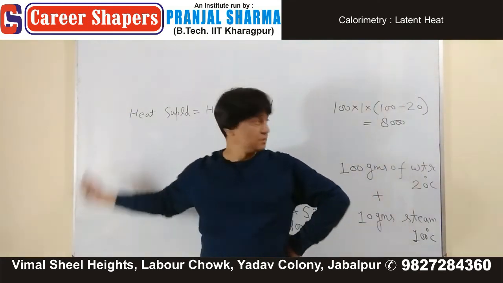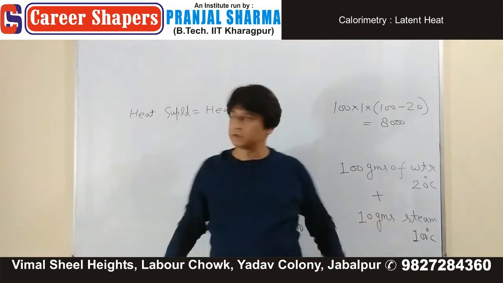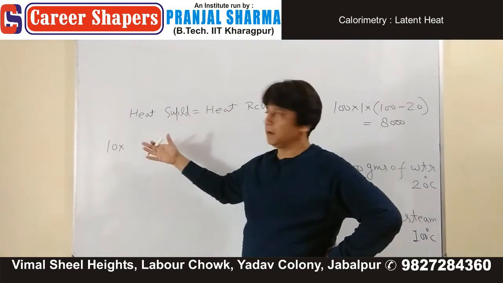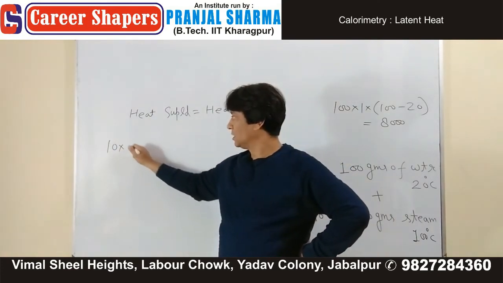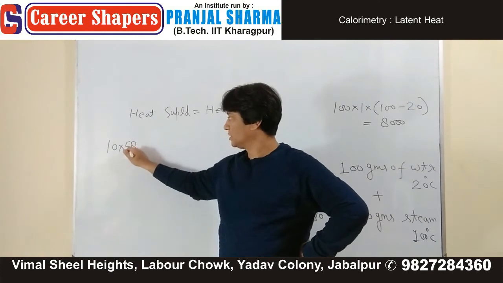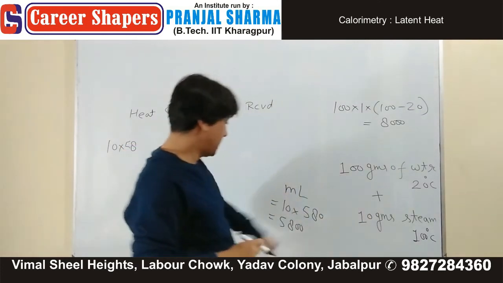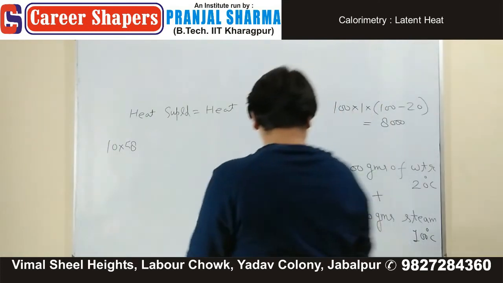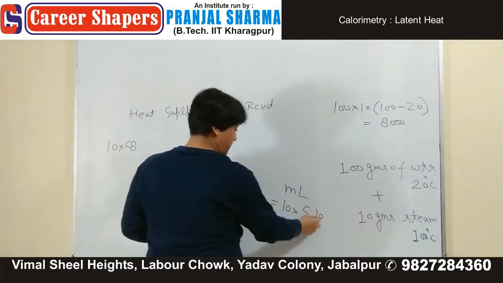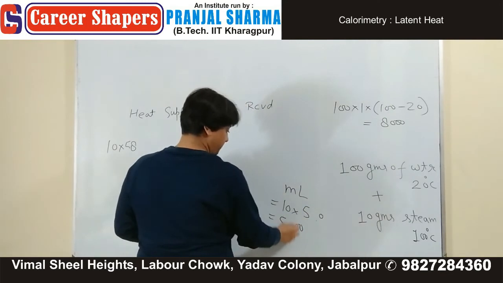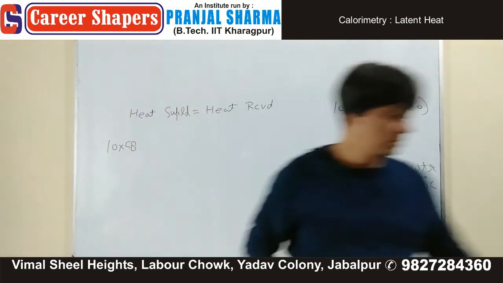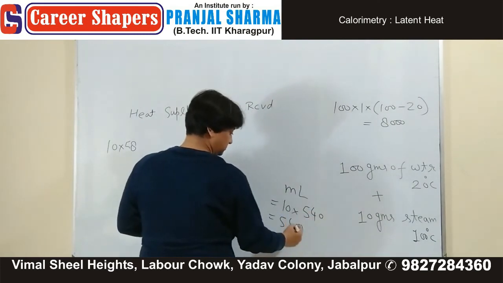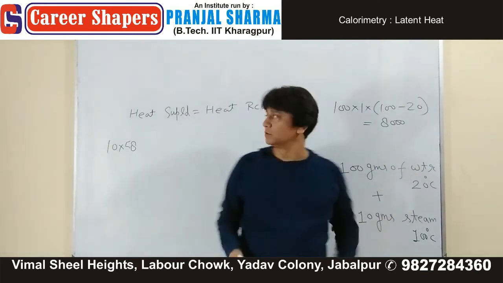How much is that? Steam is 10 grams. When it completely converts itself into water, how much energy do you get? I wrote 580, this is 540, but even then nothing changes, the argument remains the same. This is not 580, this is 540. But still the argument is valid because this is less than 8000.